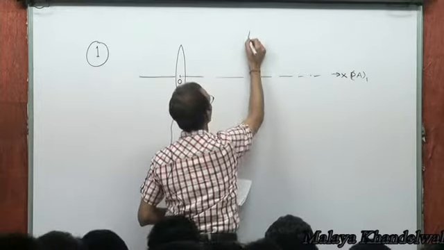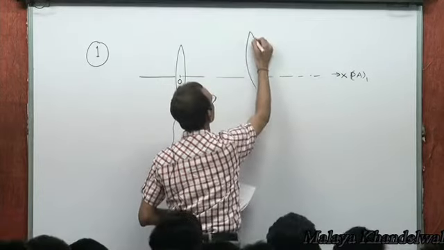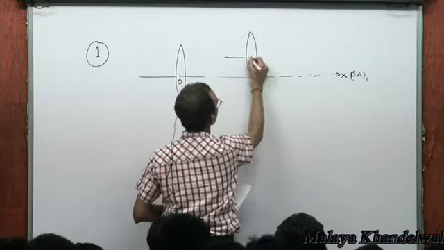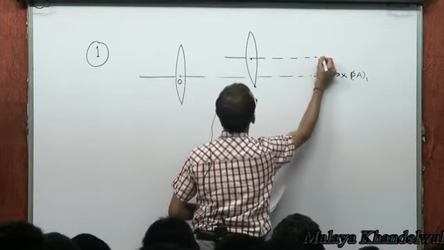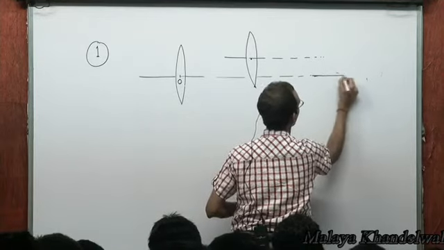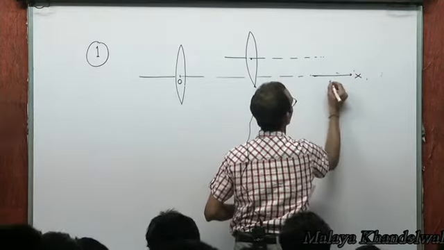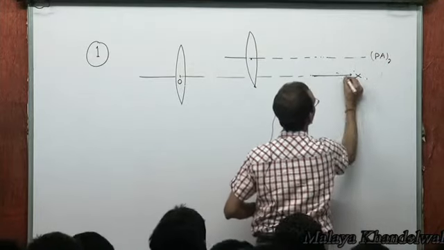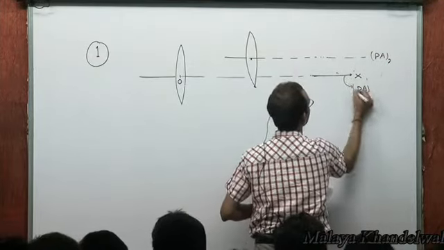And we have another lens whose principal axis is this, PA2. This is the principal axis of lens 1.